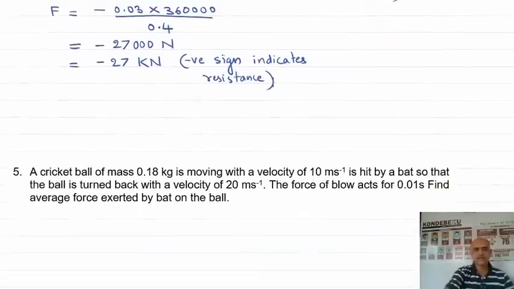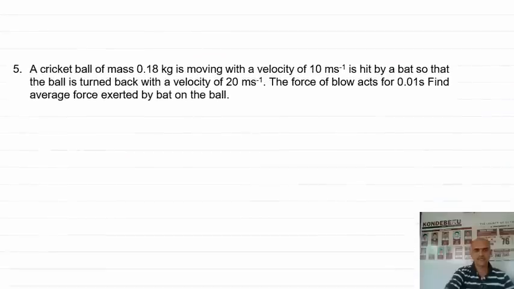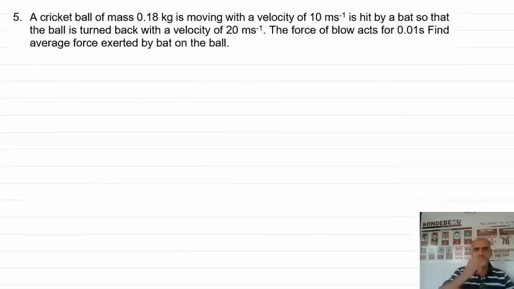A cricket ball of mass 0.18 kg is moving with a velocity of 10 meters per second. So a ball of mass moving with velocity 10 meters per second is hit by a bat so that it is turned back with a velocity of 20 meters per second.